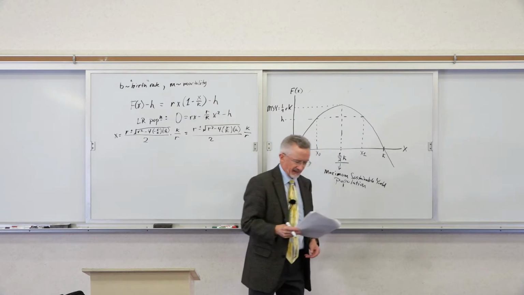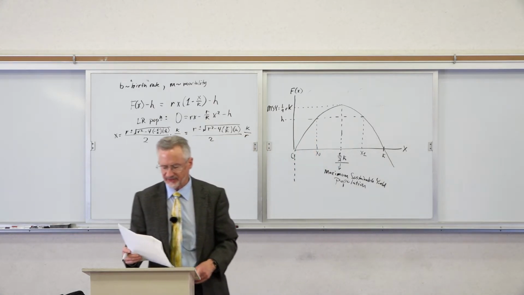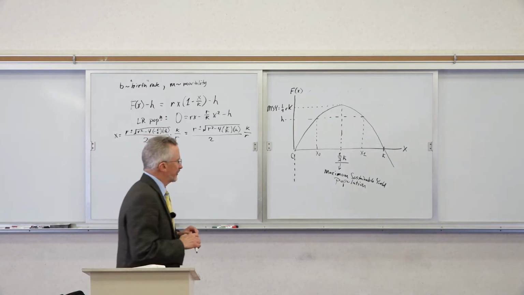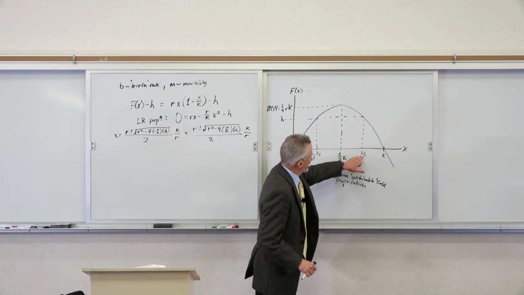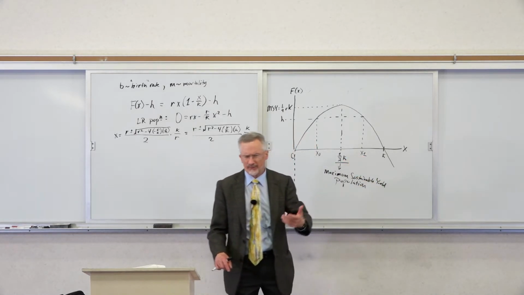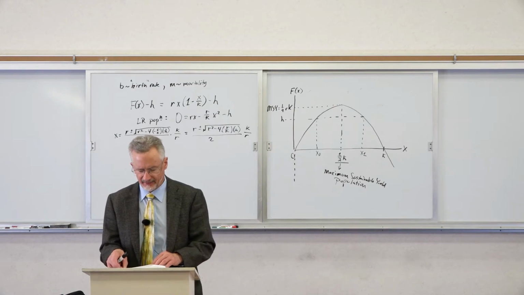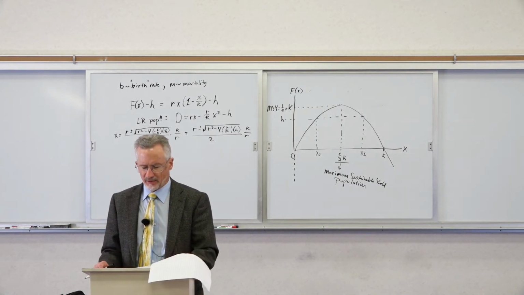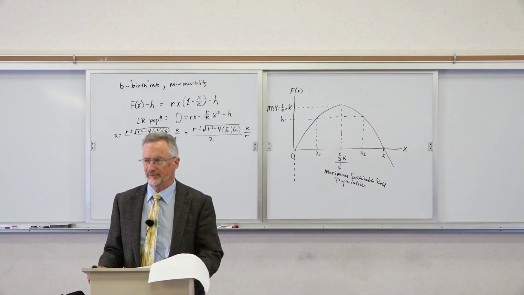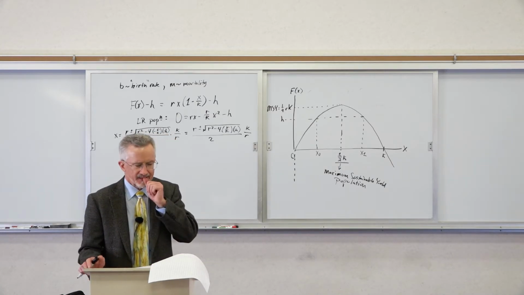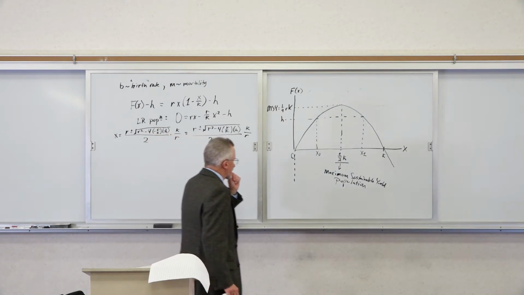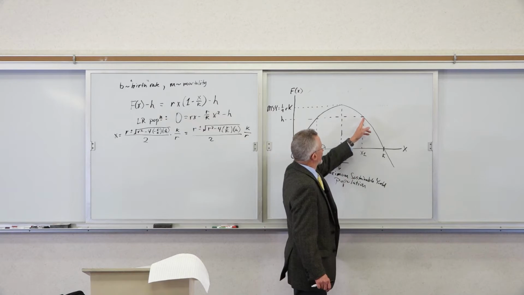I want to look a little bit at the dynamics of the population on each of these. What happens if we are harvesting here and something happens to make the population fluctuate? What happens if the population gets bigger than X1 for some reason? Imagine that we're just harvesting.